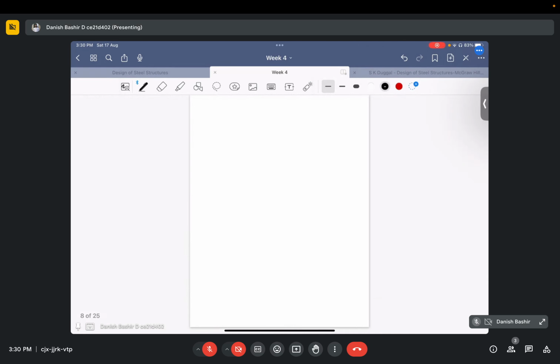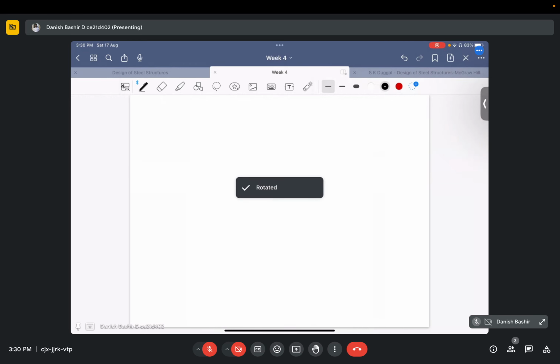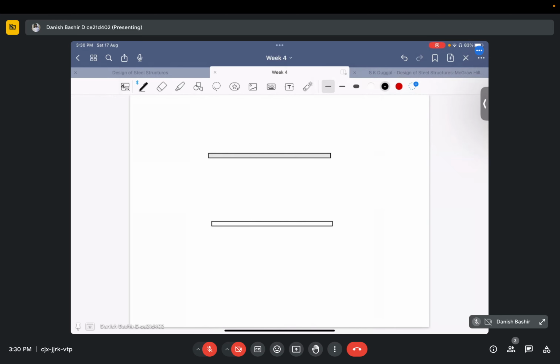If we add a blank page here, this is a washer here, this is another washer here. I will add a bolt here, and one more bolt here.